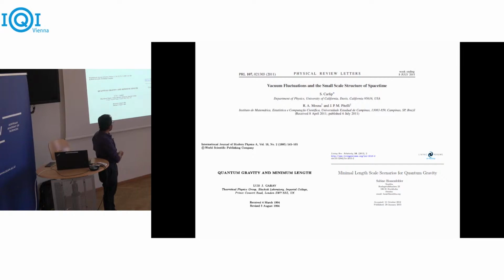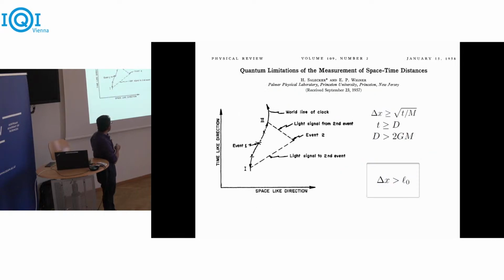Now, because I am going to speak about zero-point length, I should mention some literature on it. There has been a lot of literature from very old times which discusses why there should be an operational limit on measurement of space time intervals. I am just going to skip these references, I can come back to them, but there are some very simple thought experiments, the most famous one being the Salecker-Wigner clock.